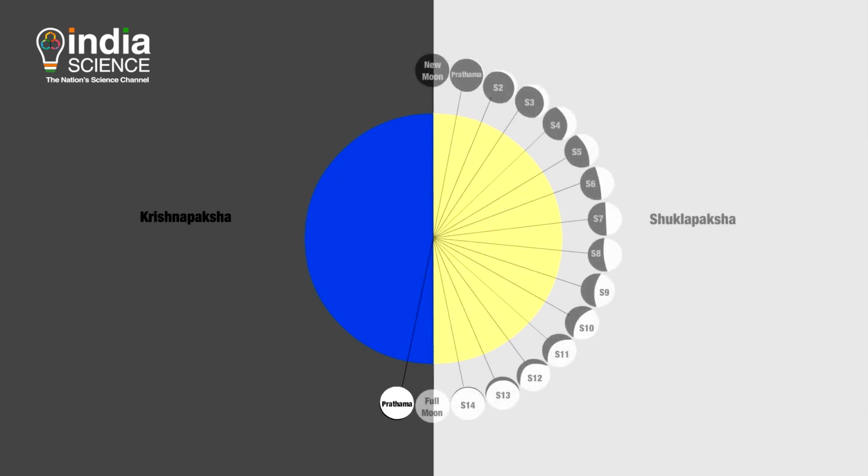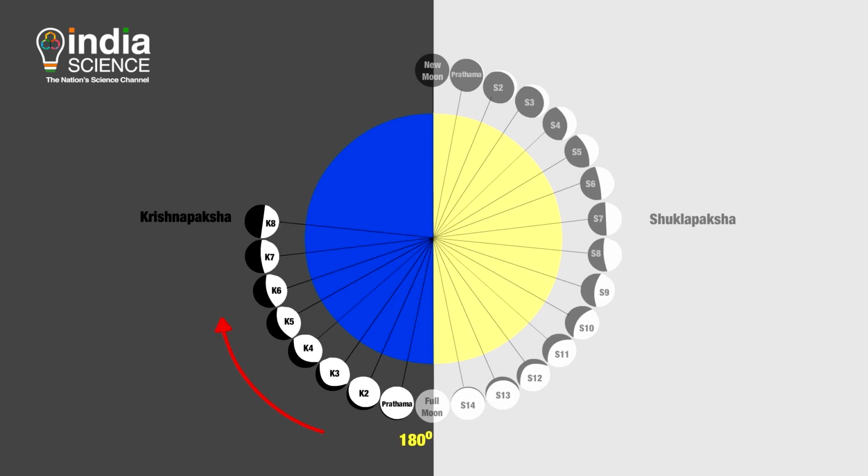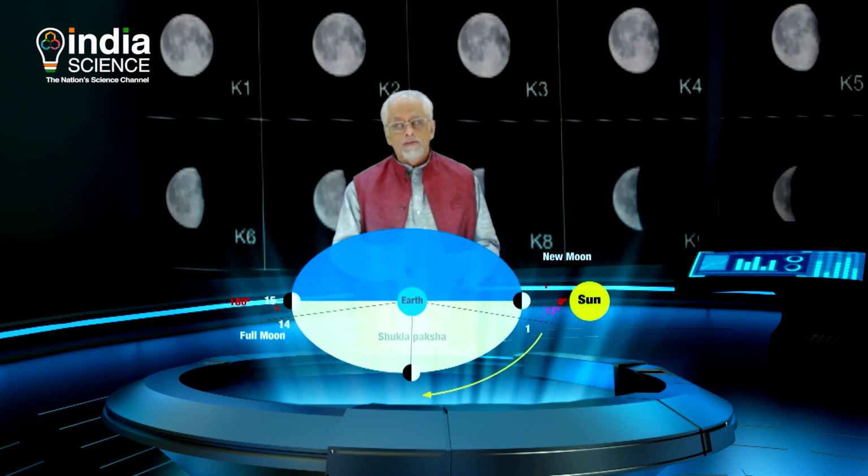During the Krishna Paksha, the angular separation between the moon and the sun changes from 180 degrees back to 0 degrees. If we divide 180 degrees into 15 equal parts, the duration of a paksha, then each part becomes 12 degrees.